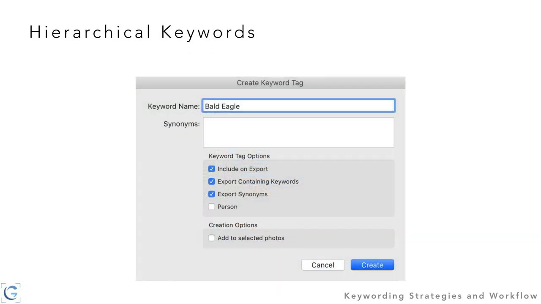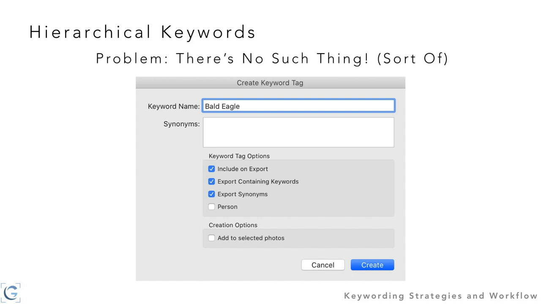There's just one problem when it comes to hierarchical keywords, or a core problem anyway, and that is there's no such thing. There is not a metadata definition for hierarchical keywords. We have all sorts of other metadata fields, star ratings, for example, or the color label, which is just a label field.